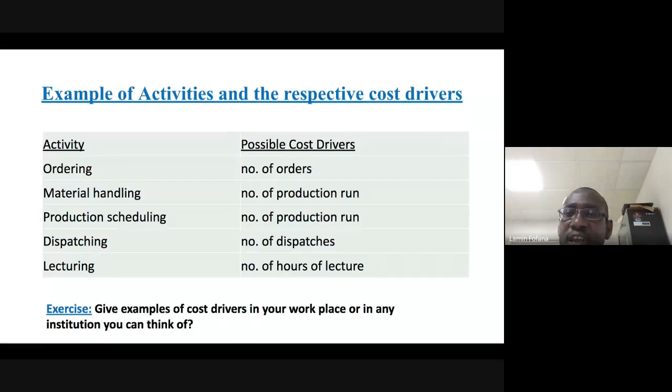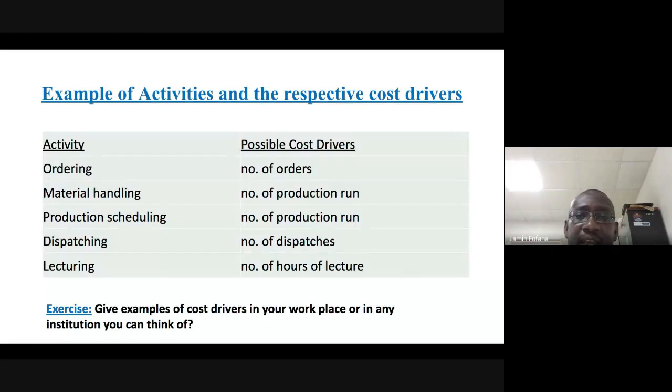Fadera, you work at GRA, isn't it? What are some of the cost drivers that GRA can use when it wants to share its overheads? One of them could be the number of taxpayers.